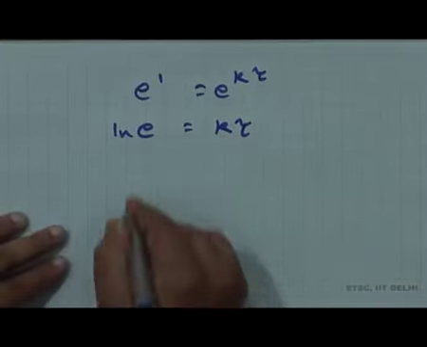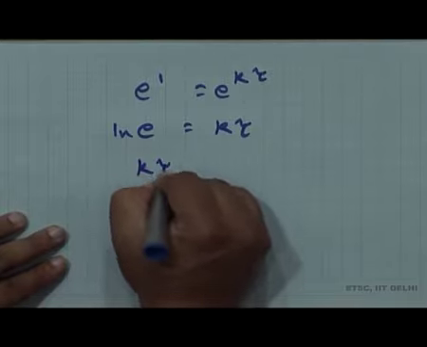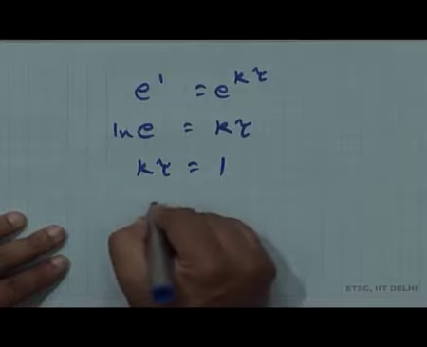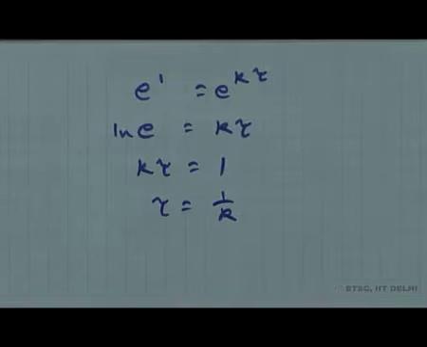Hence, this is 1 on this side, so I can write k tau is equal to 1, or tau is equal to 1 by k.